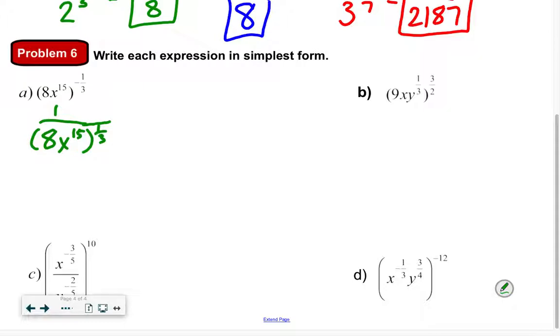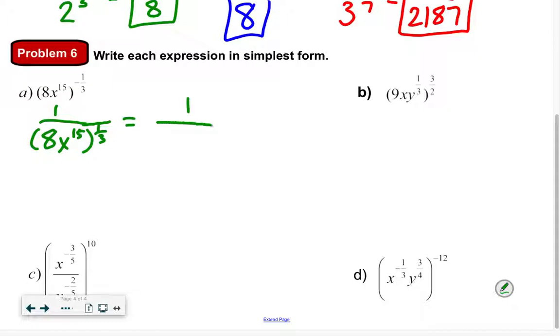Question: when I have an exponent outside of my parentheses, is only the last thing taken to a power? All of it is. It's not proper, but I like to think of it as distribute your power.